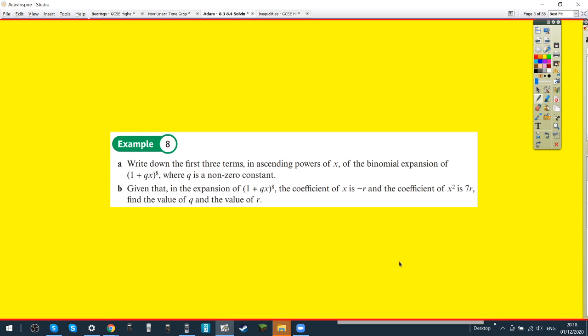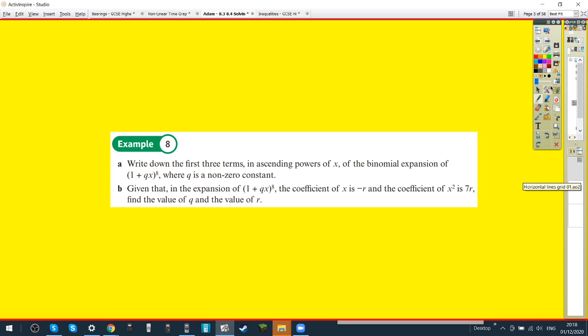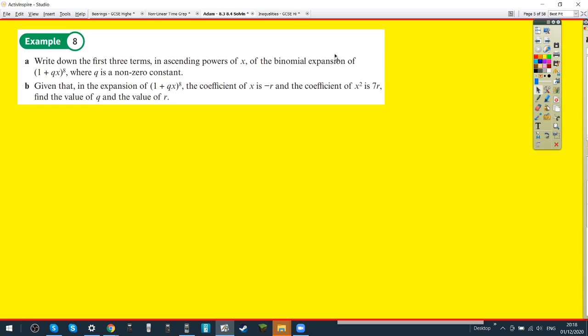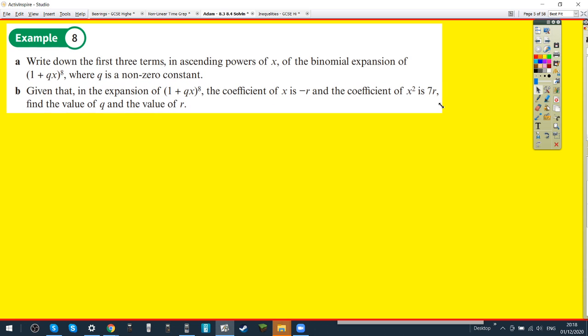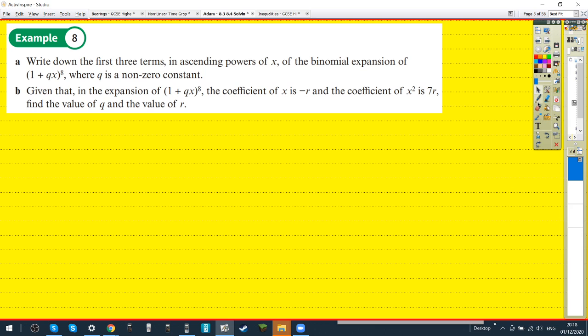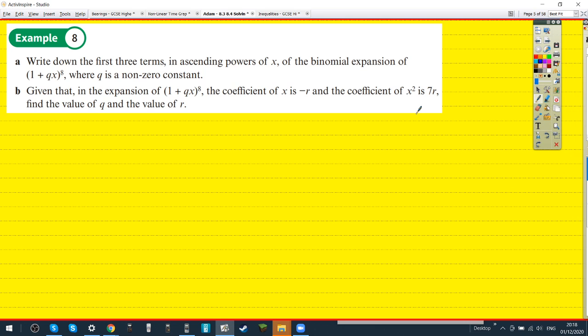Nope. Not easy. Let's see this one. Yep, better do it. So let's say first three terms of this expansion. Qx0.